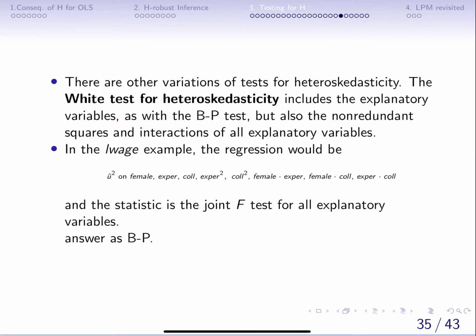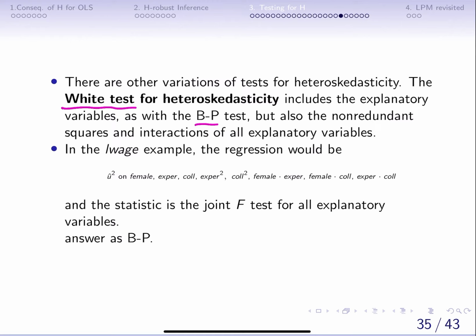So there's yet another test for heteroskedasticity, which is called the White test for heteroskedasticity, named after the person who constructed the test. And this is similar in spirit to the Breusch-Pagan test or the BP test.